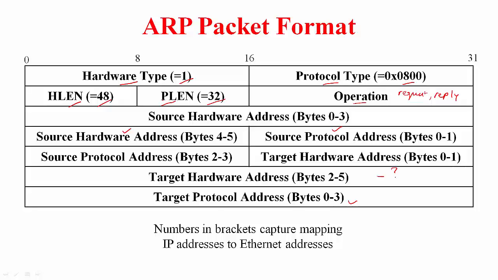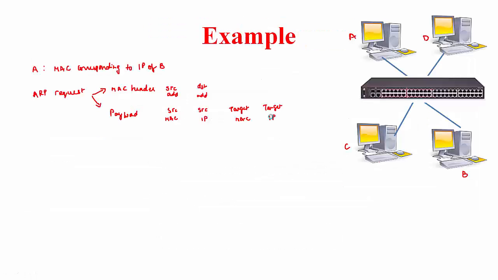So within this also, as you can see, there is a source MAC address, source IP address, target MAC address and target IP address. So the same I am mentioning here. A lot of people tend to confuse this with this. So don't confuse. This is a separate header. This is part of the payload.